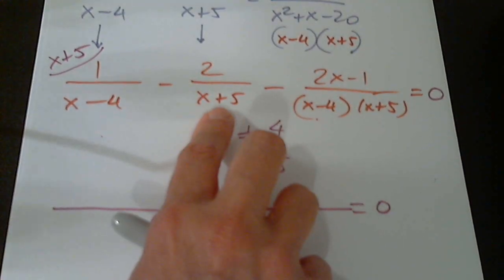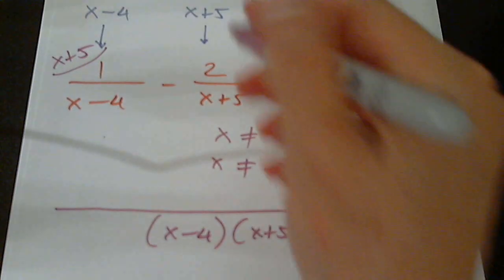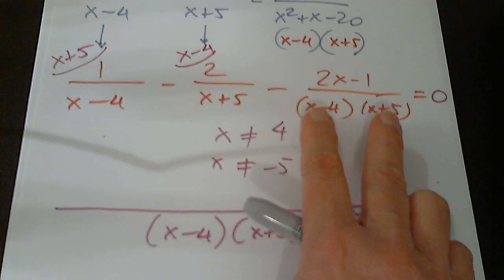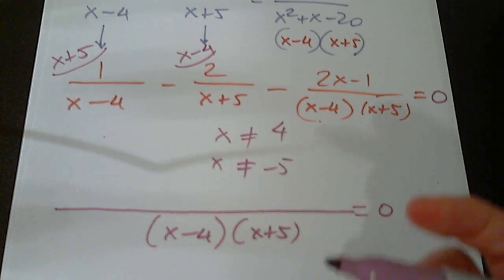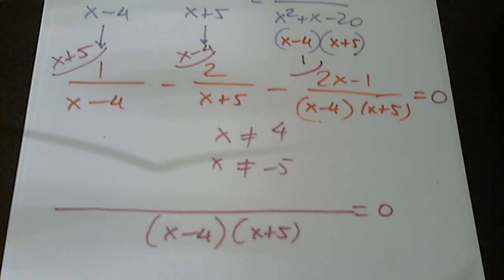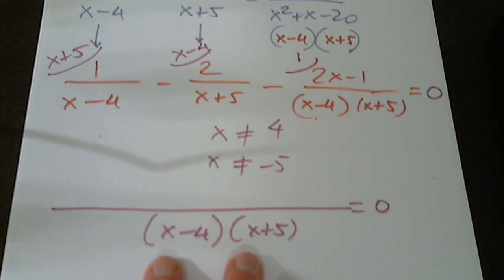Which factor did we multiply this by to get this product? x minus 4. Thank you. Which factor did we multiply this product by to get this product? They are the same. You either say nothing or you say 1, because I didn't multiply by anything.